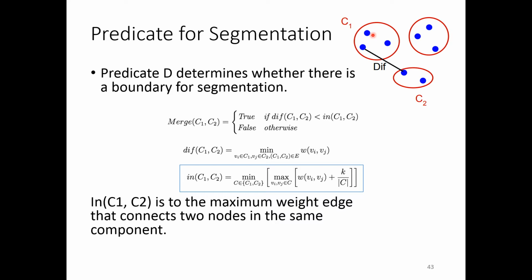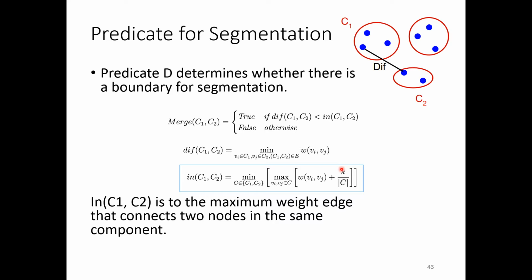Of course, inside the cluster they should be connected, so if they are not connected, the maximum distance will be infinite. So it is the maximum distance within the cluster, and they also add a term here that is basically just an adjustment. This can be used to make the internal difference bigger. If the internal difference is bigger, you will have fewer clusters eventually as the algorithm goes, because you are more likely to merge clusters together.